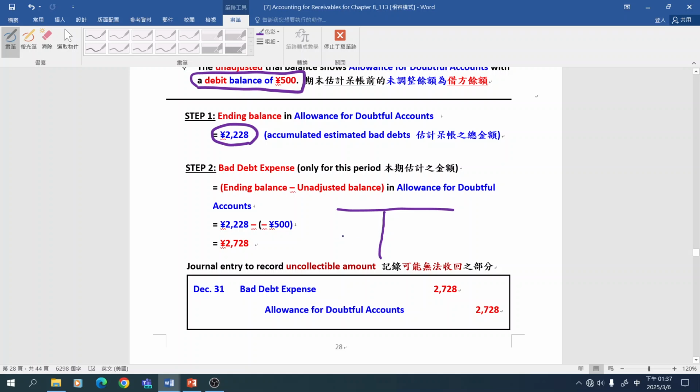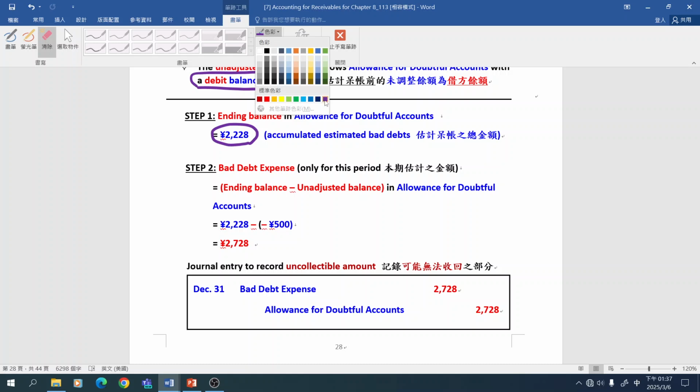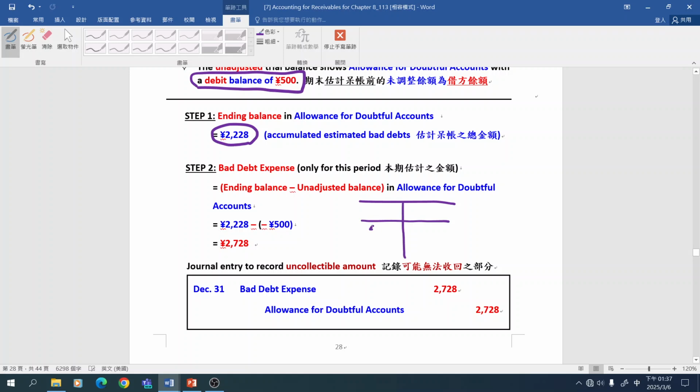So based on the T account, I have $500 in the accounting books already. So 500 on your debit balance. Then from step 1, how much do you need? From your step 1, you find out the total risk you expect is $2,228. Okay? So how much do you need to estimate for this year?